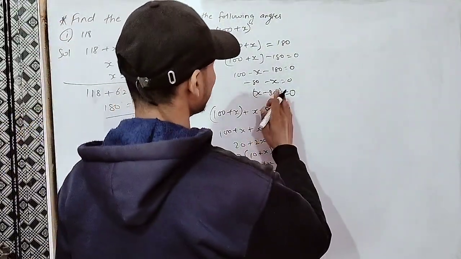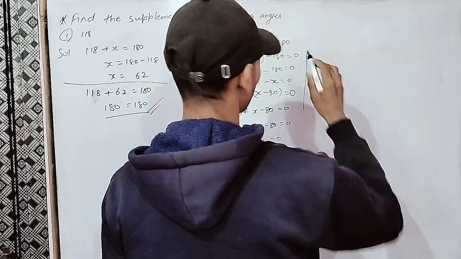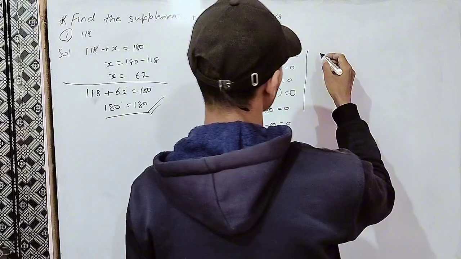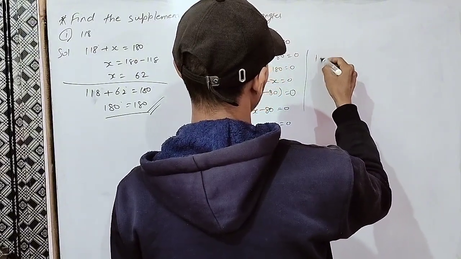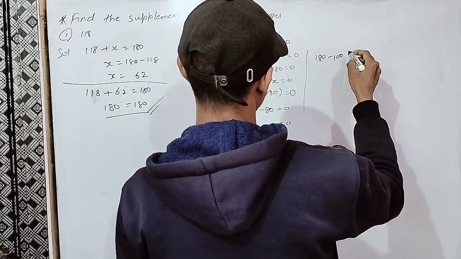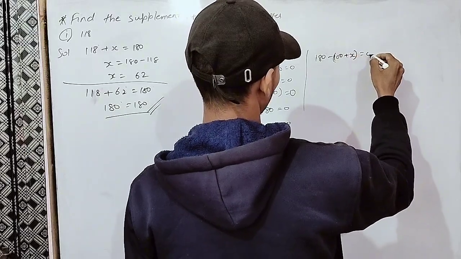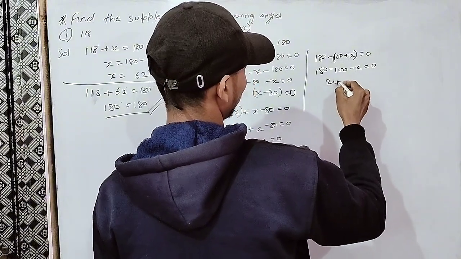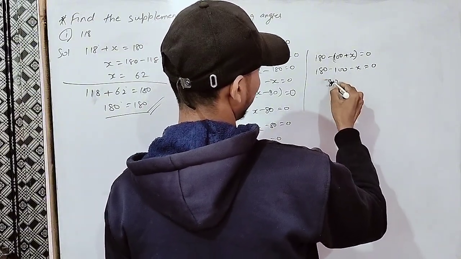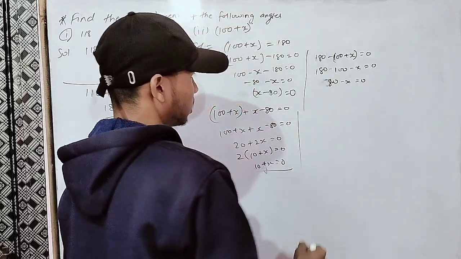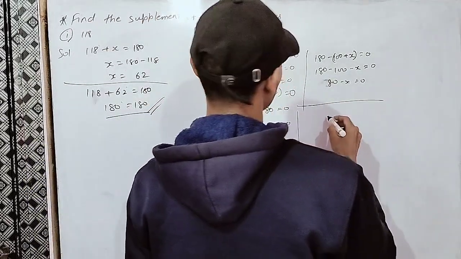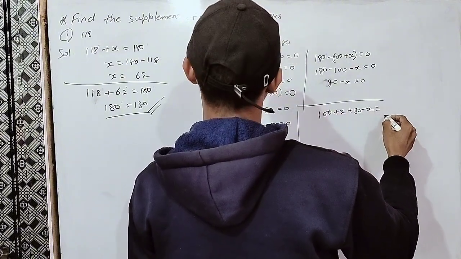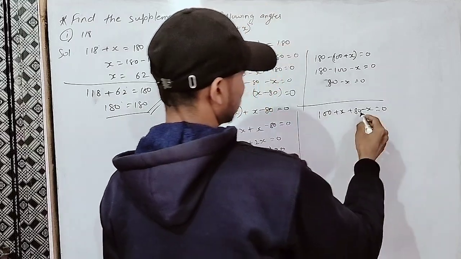Let's say the process is correct, but in some places it is incorrect. 180, so 180 and 100, then like this. 20, no, 80. This is okay. Now let's put 180.